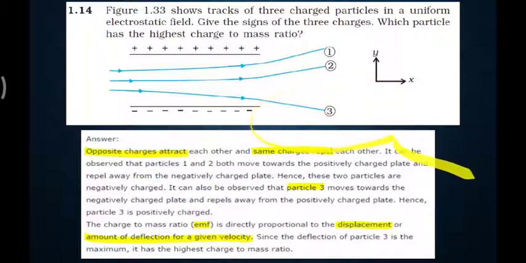More deflection can happen by more force, and there is more force when there is more charge. So I can judge at the end, without seeing this picture, not only what charge it has, I can also judge the magnitude: the third will have more charge than 1 and 2.